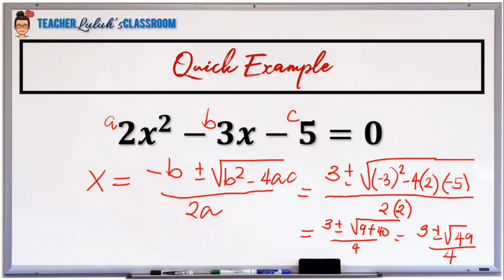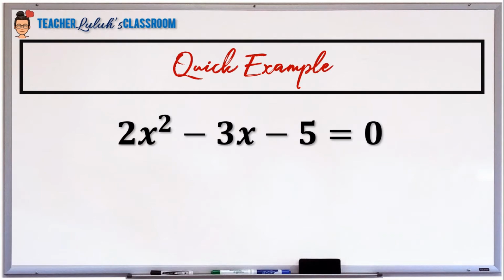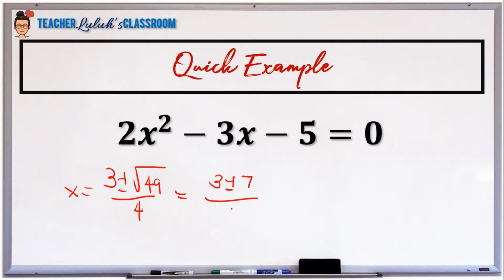It's getting a little bit crowded, so let's have it erased. So that's x equals 3 plus minus square root of 49 all over 4, which is 3 plus minus 7 all over 4. So there are two values of x, so that is x is equal to 3 plus 7 over 4, and then x is equal to 3 minus 7 over 4.